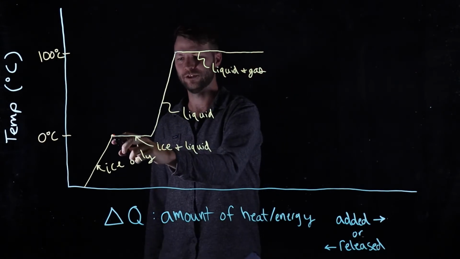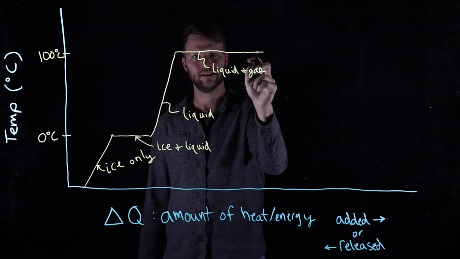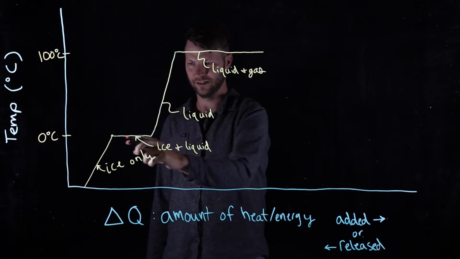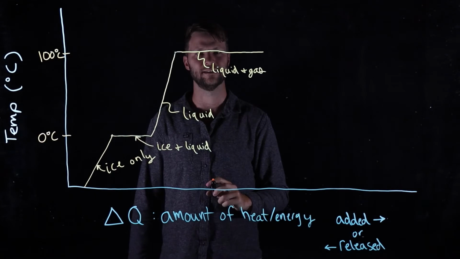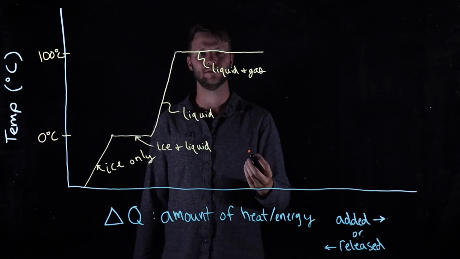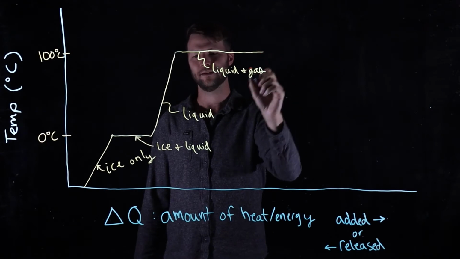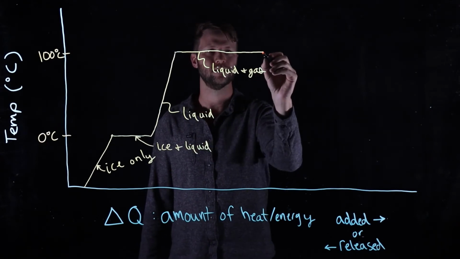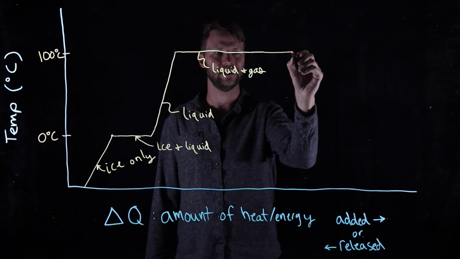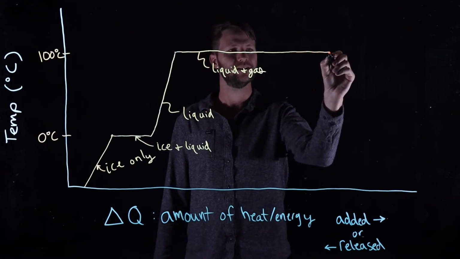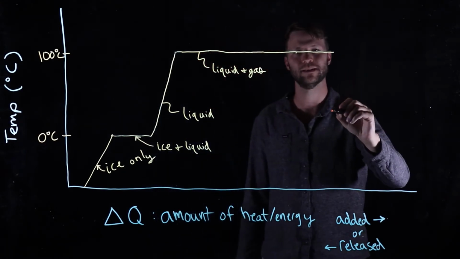And you'll notice that I'm going to draw this horizontal line up here about 6 times longer than the length of this horizontal line. That corresponds to the much greater latent heat of vaporization compared to the latent heat of fusion. So we're adding heat, adding heat. Finally, there's just a little bit of liquid left.